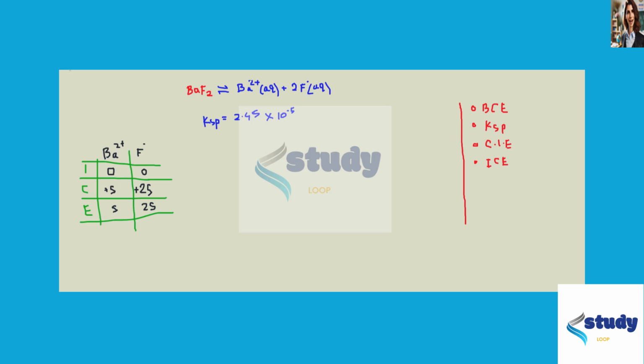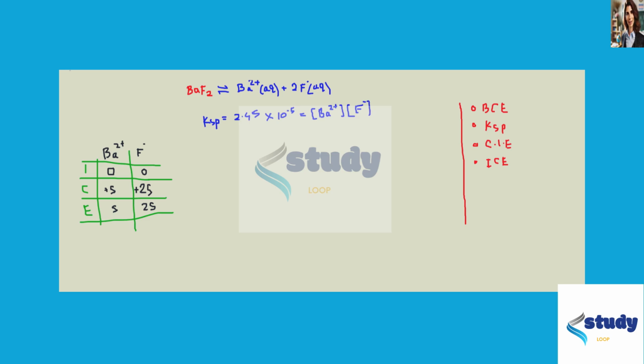And our solubility product we can also write as the product of the concentration of the ions. So here it should be barium 2 plus times the concentration of fluoride minus.